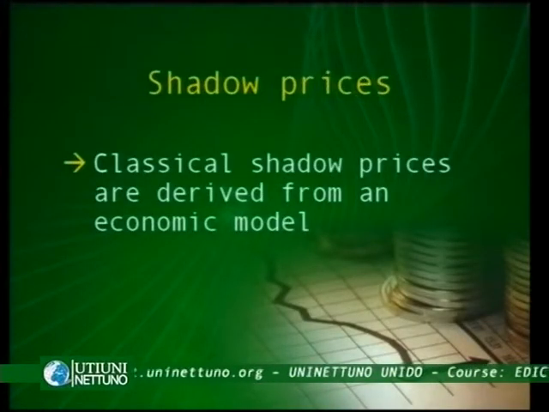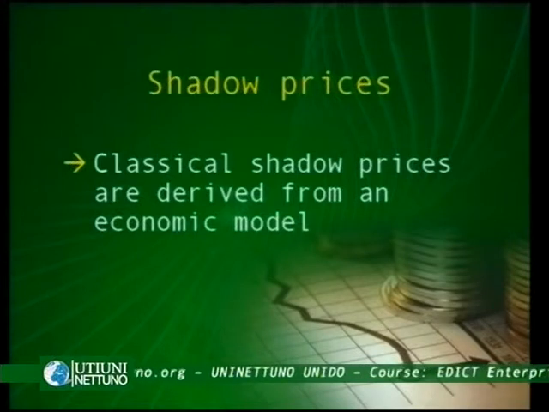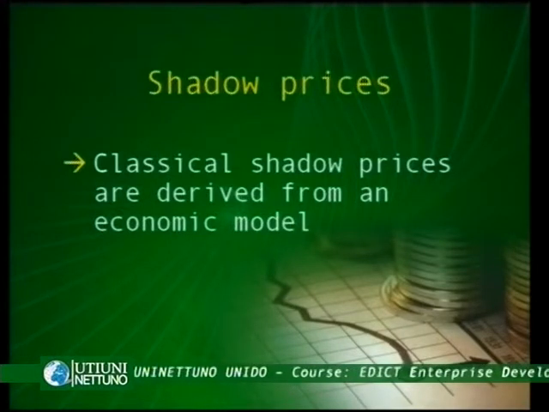So classic shadow prices are derived from an economic model, typically a model in equilibrium, where basically I am able to gauge the effect of a given resource on the economic indicator of interest. So in other words, shadow prices can be seen as measures of the effect of the use and production of resources on some measure of economic value.